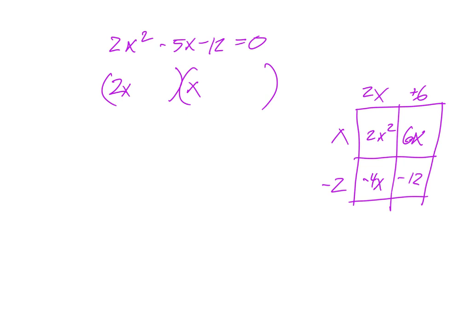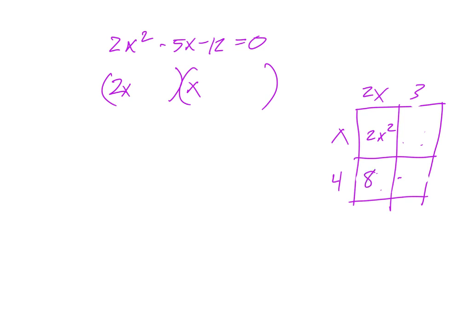So these two are good, but these two are not because those add up to +2x. I need it to be -5x. So then you would try a new one. And I need that middle number to be negative. Let me just get rid of this one here too. All right, and so looking at things like 4 and 3, they multiply to 12.